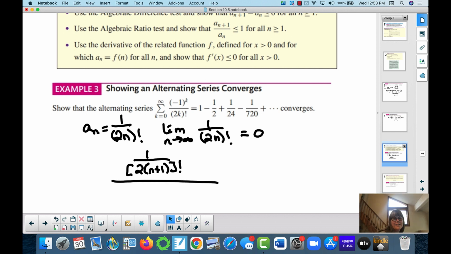So that's our a sub n plus 1 term over the a sub n term. If we multiply by the reciprocal of the bottom, that gives us 2n factorial over, and I'm going to multiply that 2 through here to get 2n plus 2 factorial.